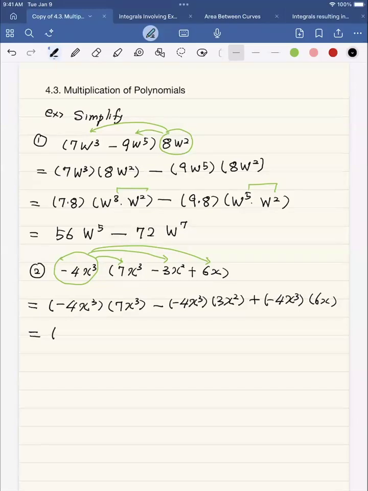Let's multiply the numbers together, x to the something together. So negative 4 times 7 and x cubed times x cubed.